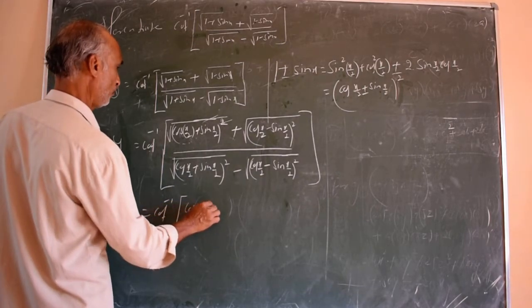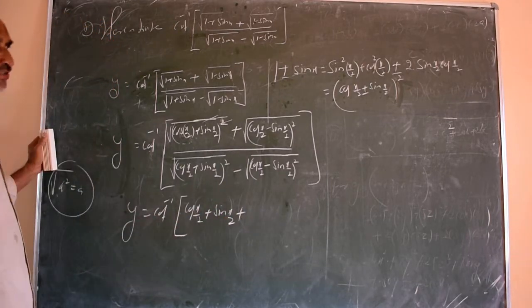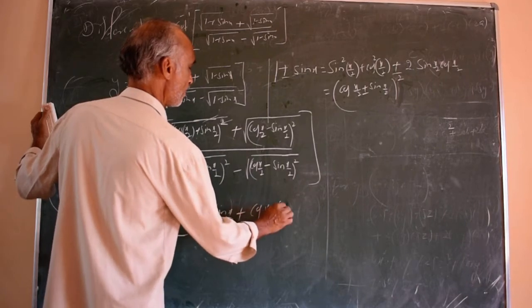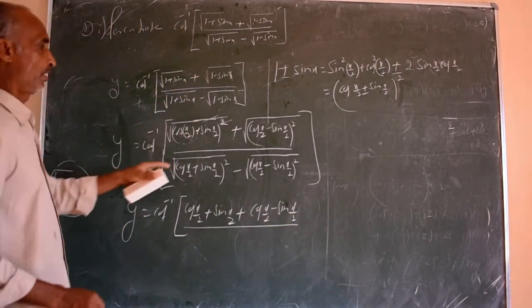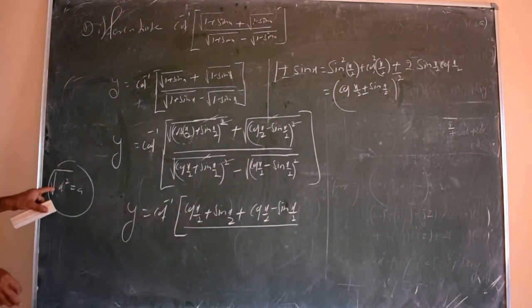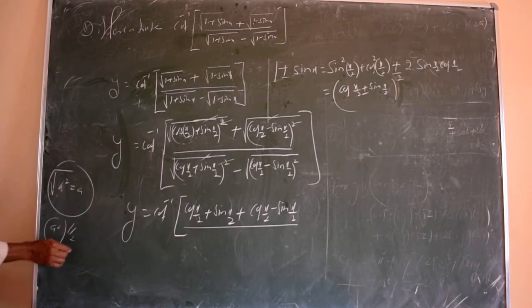Cos x by 2 plus sin x by 2 plus cos x by 2 minus sin x by 2, whole divided by, here also square and square root cancel. Root of a square is a. Why? A square, square root is raised to half. Theory of indices, a raised to m whole raised to n is a raised to m into n, to cancel, that's equal to a.